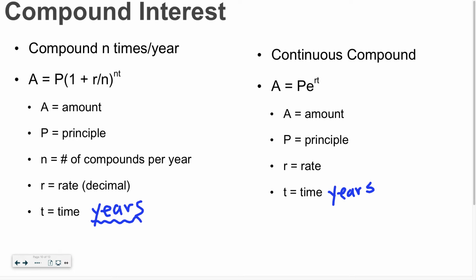You can just write "same as before," or write them all down if you wish. What we're going to have to do is decide which formula to use, and when and where to plug in what numbers. That's really the gist of it.